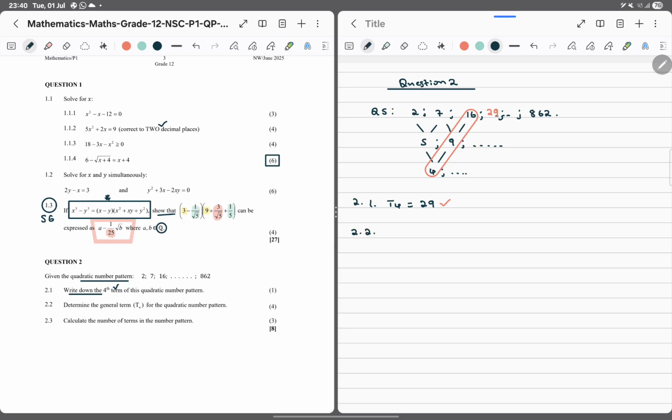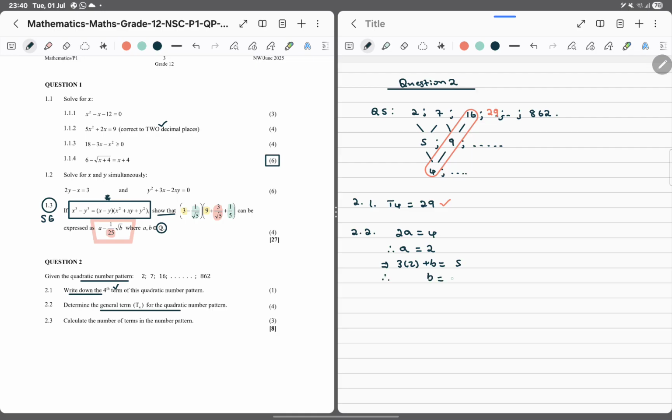2.2. See, these are warm-up questions. Determine the general term of the quadratic pattern. Again, another warm-up question. We know that 2a is the constant second difference. So this implies that a is equal to 2. Which implies that 3 times a, which is 2, plus b should be the very first term of the first differences, which is 5.